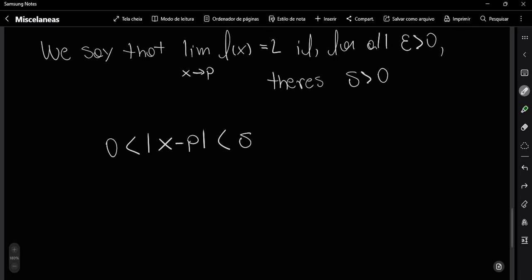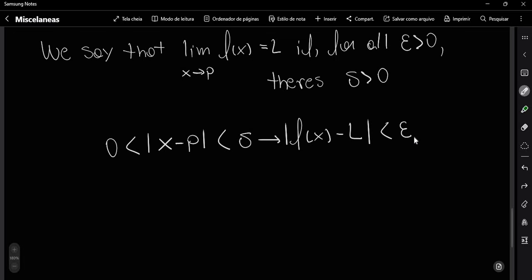So this module is in an interval between 0 and a number delta, and the module of a function of x minus the value of the limit is less than epsilon. And again, if you remember, this is something that we see alongside the theory of confront.